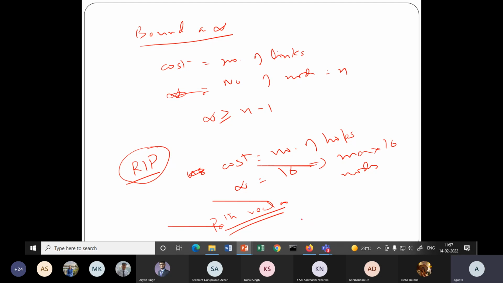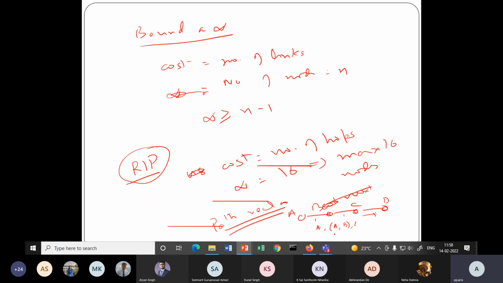But basically, rather than just sending the cost and the next hop, it will send you the entire path. So in the earlier case, suppose you have something like this, A, B, C, D. When B sends to C, B will send: the destination is A, the path is A, B, and the cost is, let's say these are 1, 1, 1, cost is 1.